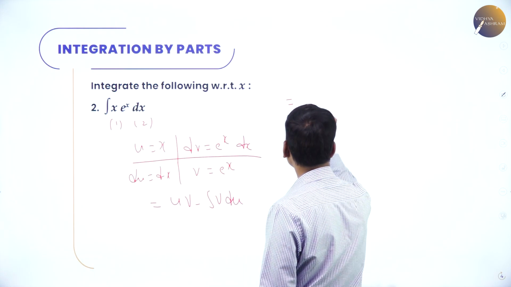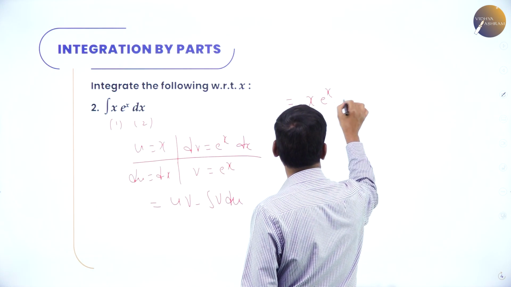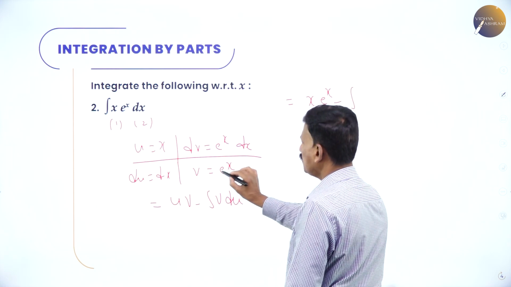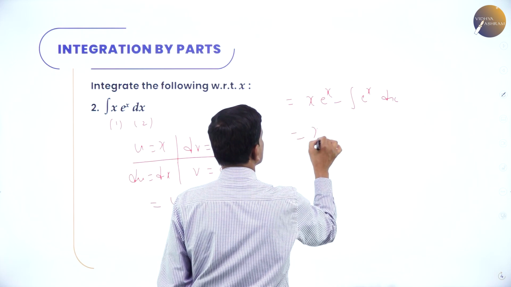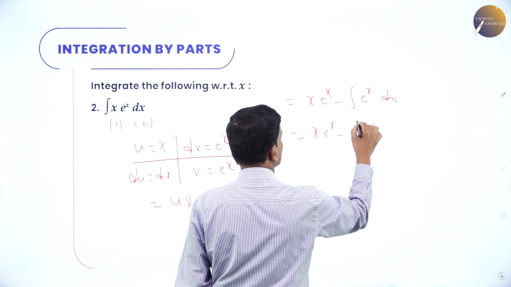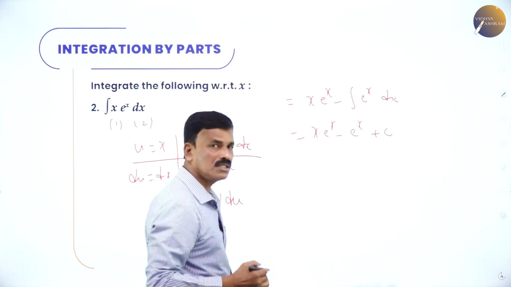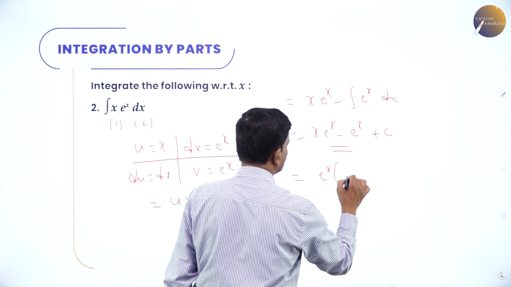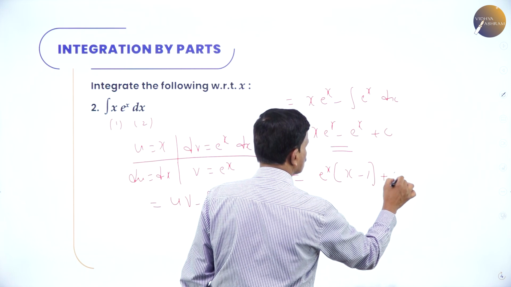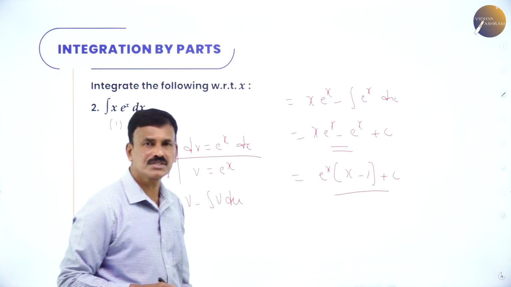So x into e power x minus integral of e power x into dx. So x e power x minus integration of e power x, which is e power x, plus c. If you want, you can stop here itself, or you can take e power x as common factor: e power x into x minus 1 plus c is the integrated answer.